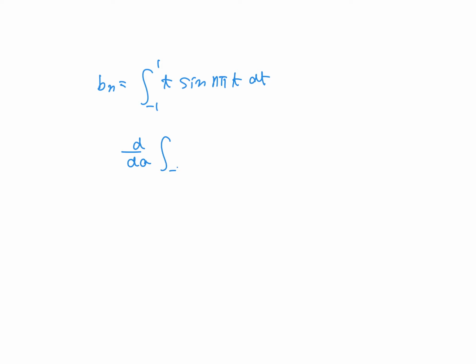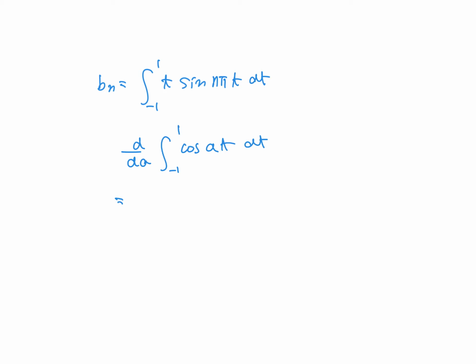Consider d/dA of the integral of cosine AT dt. What is this? We are integrating cosine AT by t, but if I'm going to ask you to differentiate by A, then A and t are independent of each other, so you can put the d/dA inside.